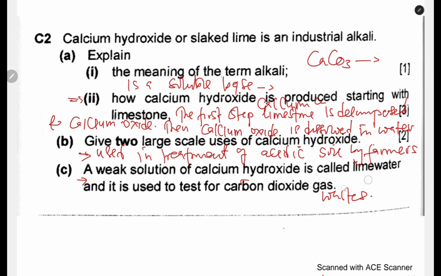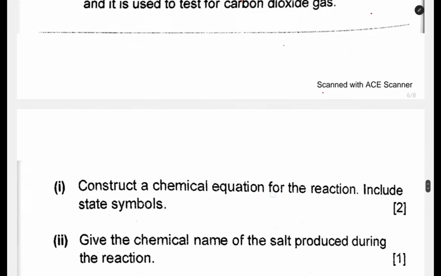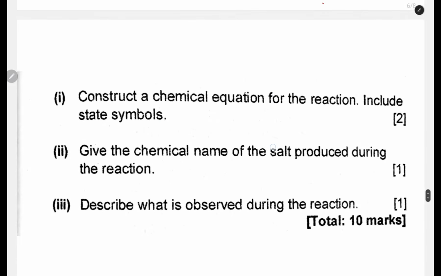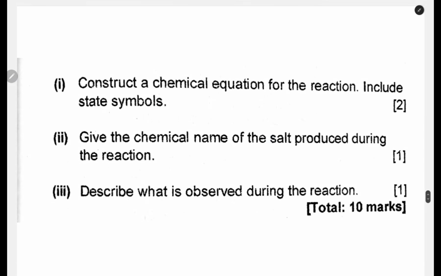Okay, then the last question, which is C. A weak solution of calcium hydroxide is called lime water, and it is used to test for carbon dioxide. Construct the chemical equation for the reaction, include state symbols. So here they are just telling you to write the equation for the reaction that happens during the test for carbon dioxide.